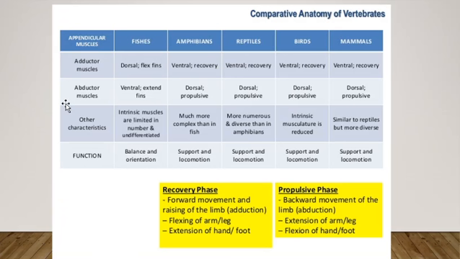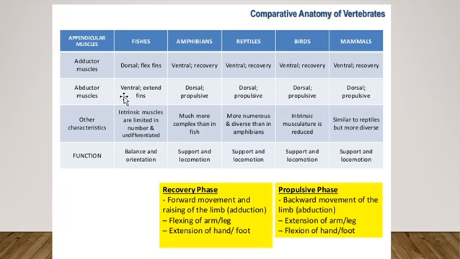While abductor muscles in fishes were located ventrally and are for extending the fins. But in amphibians to mammals, there was a change in location. It becomes dorsally located for propulsive function.